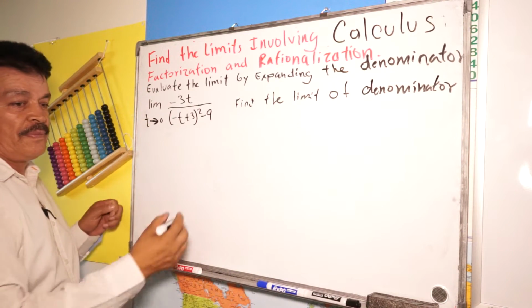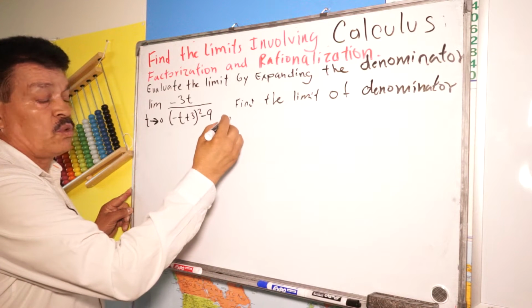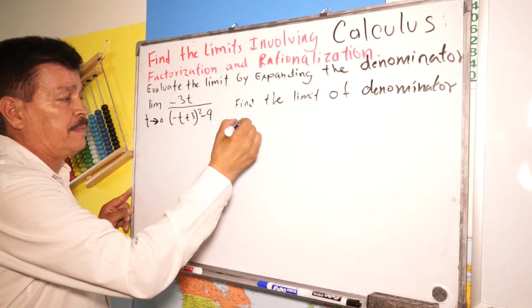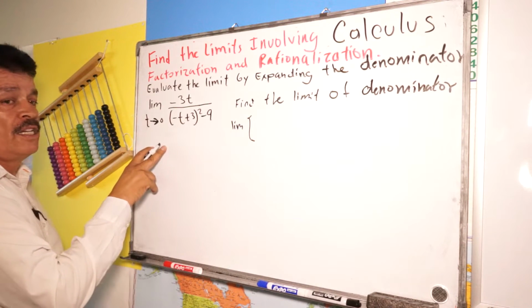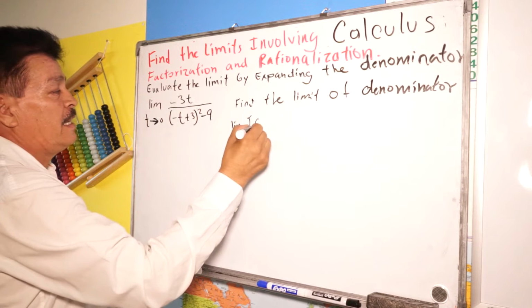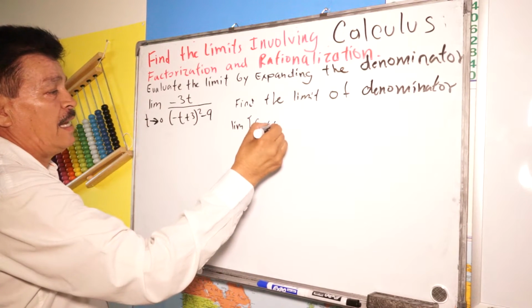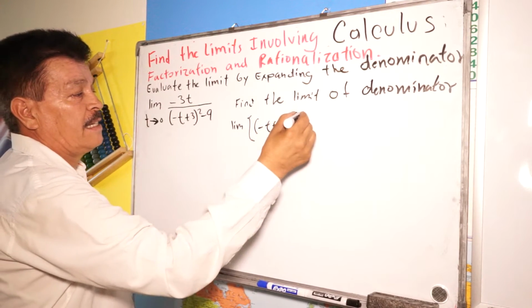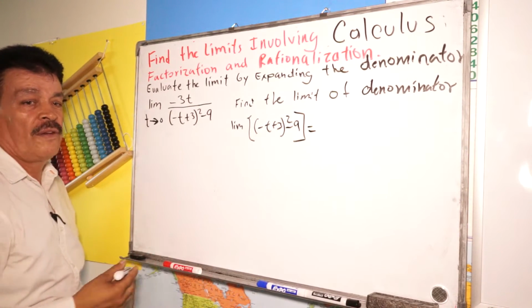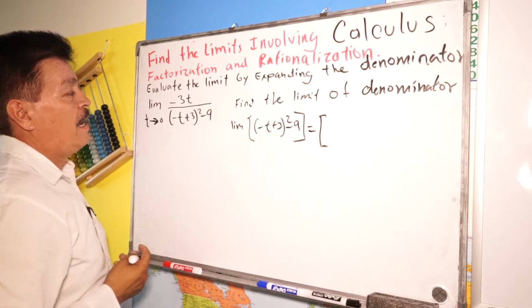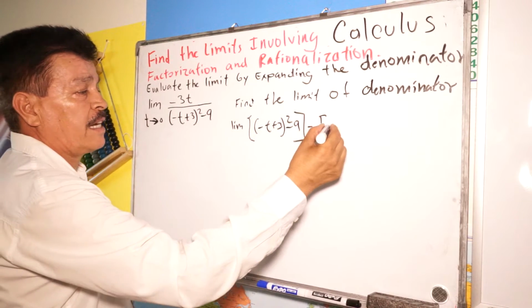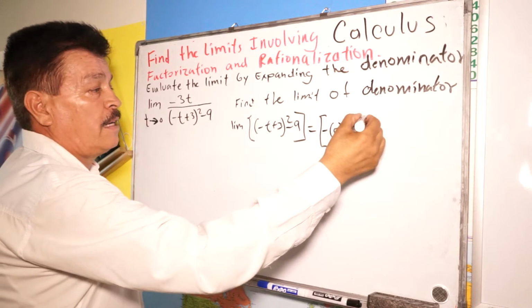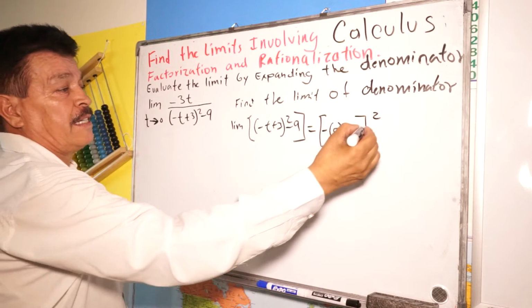So here we have to write the limit of negative t plus 3 to the second power minus 9, which equals negative 0 plus 3 to the second power minus 9.